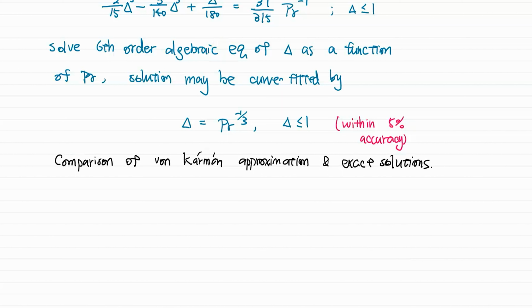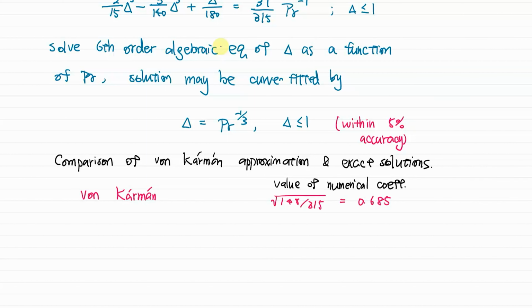So here we go. We see that from the von Karman method, the value of the numerical coefficient is square root of 148 over 315, so it's about 0.685.